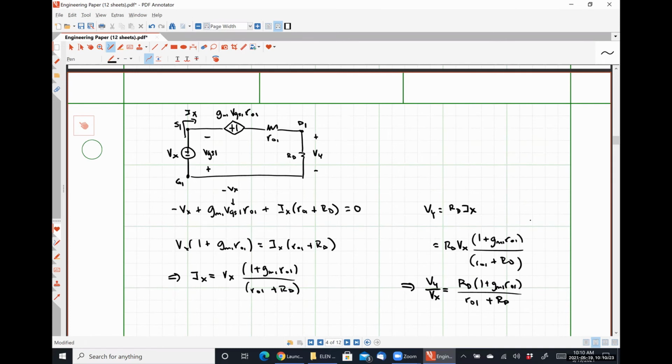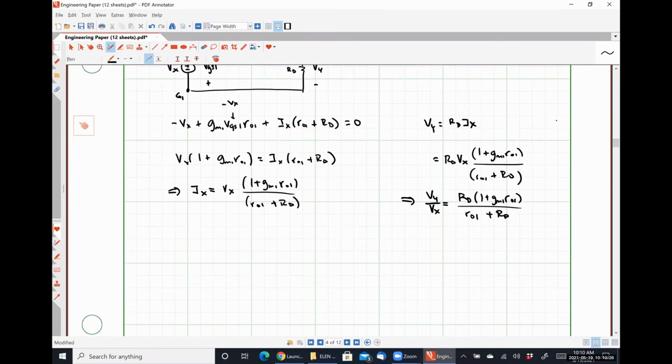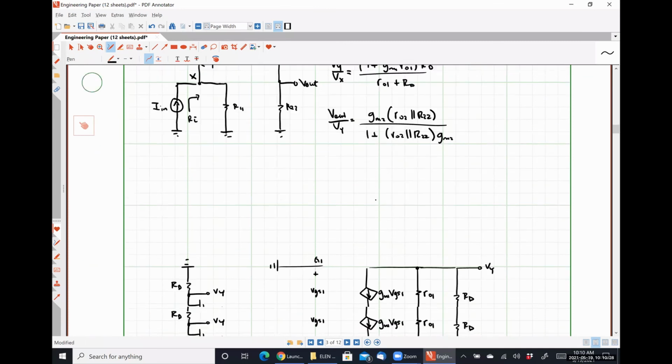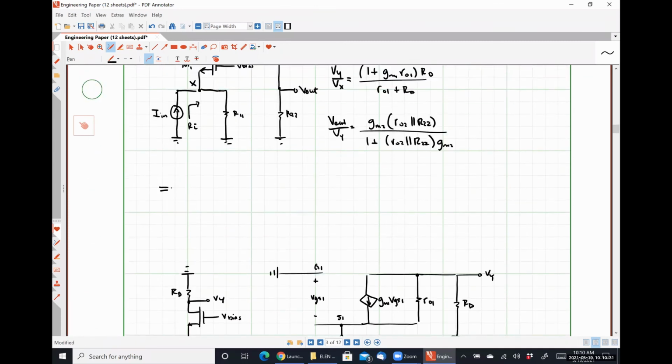So Ri is going to be R01 plus Rd divided by 1 plus GM1 R01, which is the exact result we got for our input resistance with channel length modulation included when we were looking at a similar input stage on Monday.